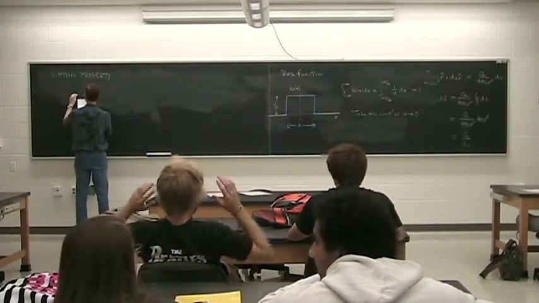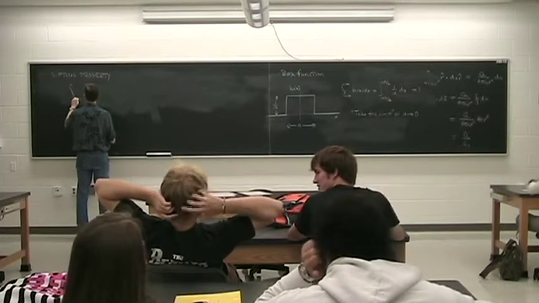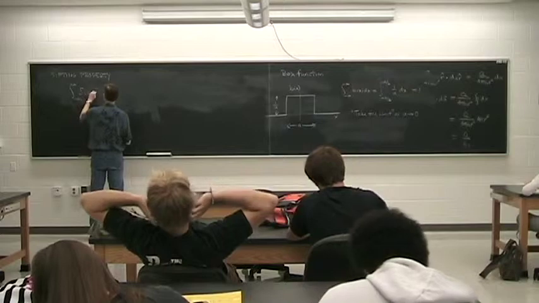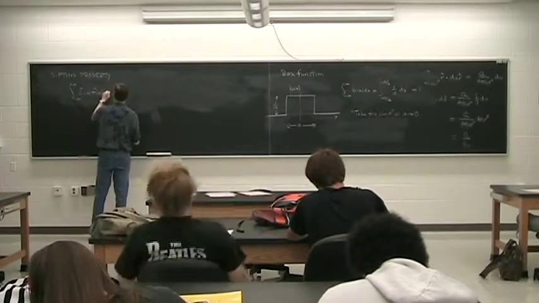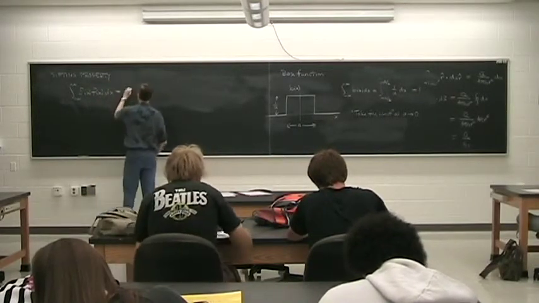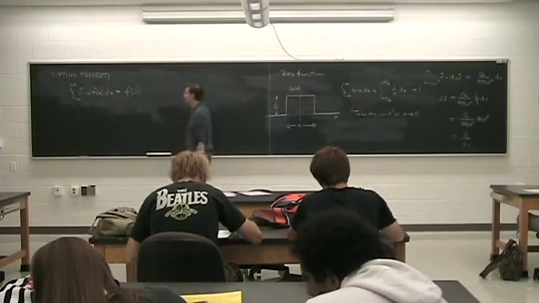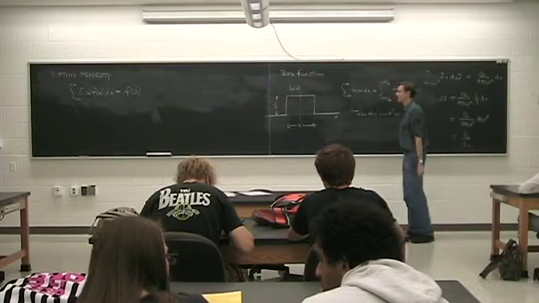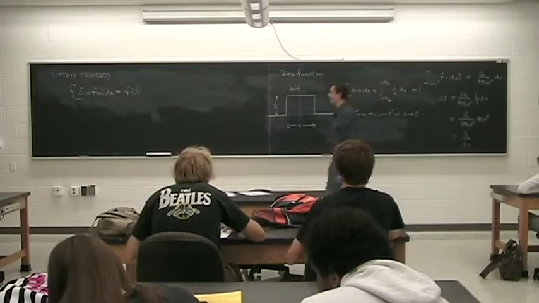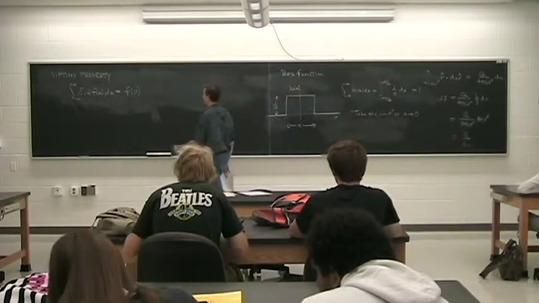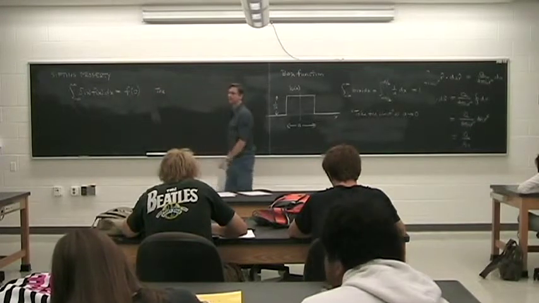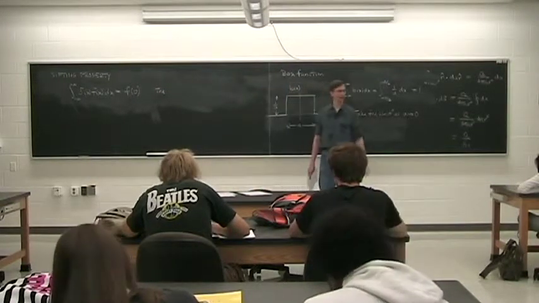The delta function has the sifting property. Which is that if I take another function, f of x, multiply it by the delta function, and integrate over all x, then the value is the value of the function at the origin, f of 0.